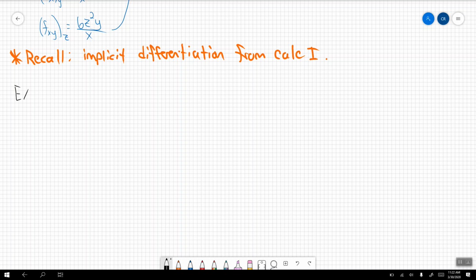All right. So an example of this would be if we were asked to find the partial of z with respect to x, given a function of x cubed z squared minus 5x y to the fifth z is equal to x squared plus y cubed.